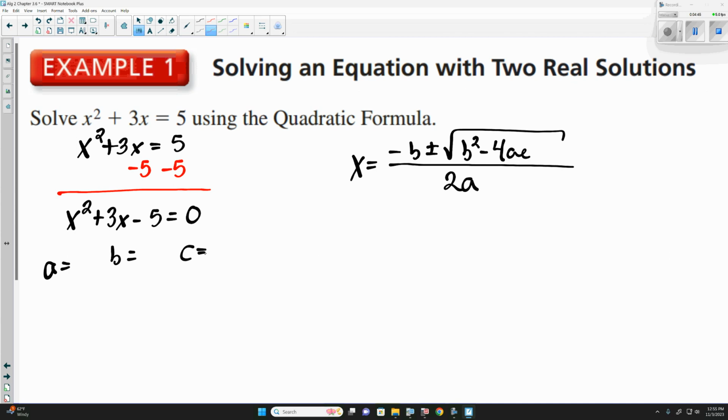Looking at this equation, x squared plus 3x minus 5, this is matching up with our ax squared plus bx plus c equals 0. We don't have to find c or make a perfect square trinomial like in completing the square. So what is the value of a? a is in front of x squared, so a is 1. The value of b is 3, and the value of c is -5.